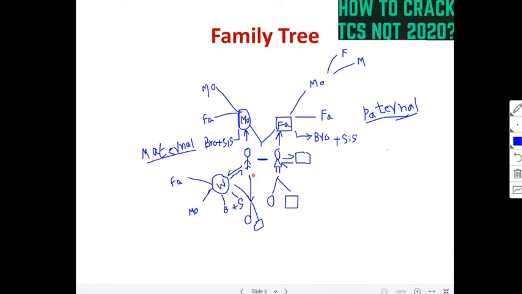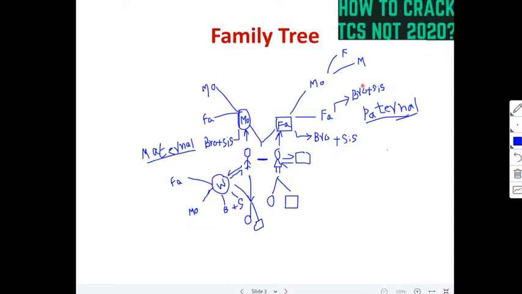Okay, so now we have seen paternal grandfather, grandmother, great grandfather, great grandmother. Suppose this grandfather has a brother and sister, right? Then these people are called grand uncle and grand aunt.